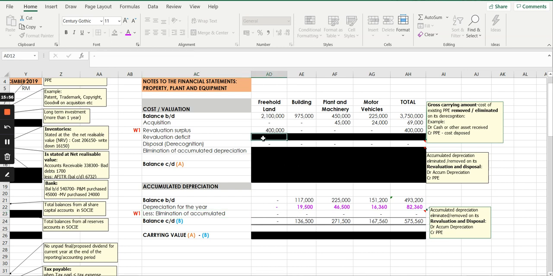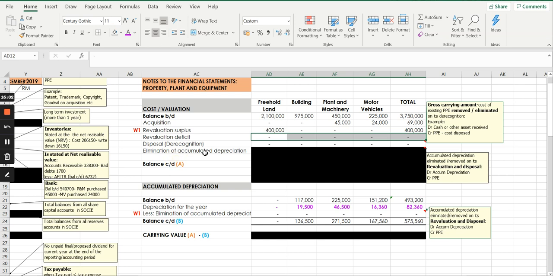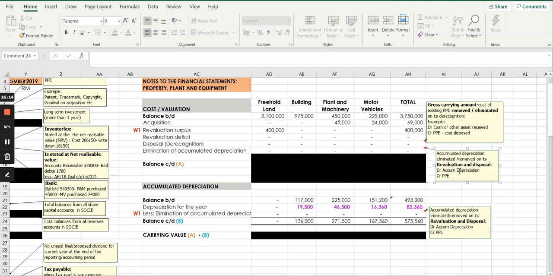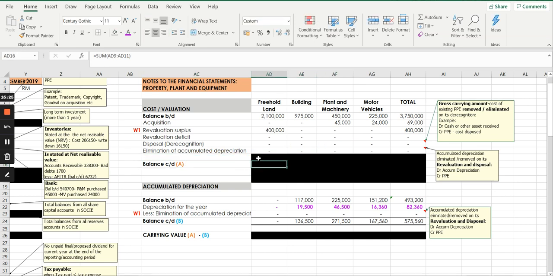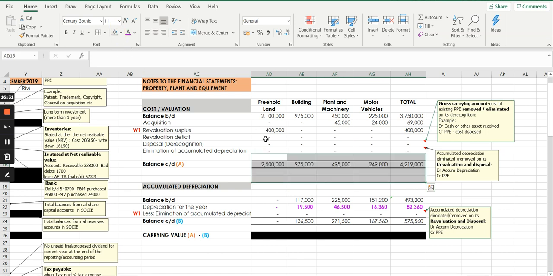We are also done for our PPE at cost or valuation. Why? Because there is no revaluation deficit. There is also no disposal or derecognition. There is no need for you to eliminate any accumulated depreciation, because to start with, there is no revaluation that relates to a depreciable asset. You have the revaluation, but the revaluation relates to freehold land. Therefore you have your item for the costs of PPE, each of them. Remember, for freehold land, it is not at cost, it is at valuation, and this is called the revalued amount.